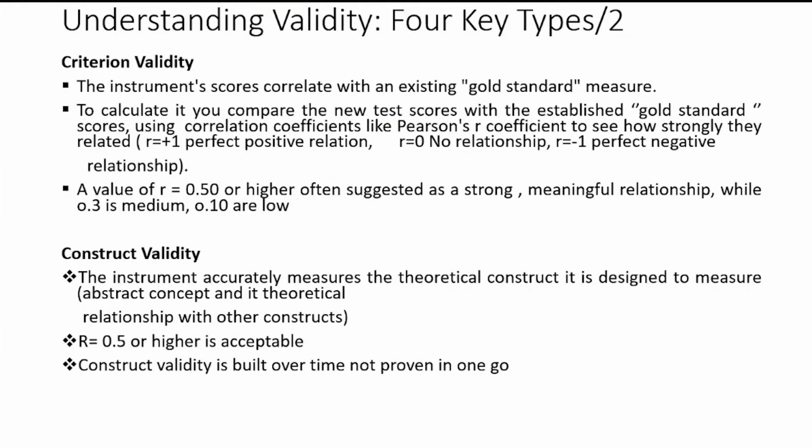That is, you are testing the abstract concept against the theoretical concept, and its relationship with other constructs. So for construct validity, we also calculate the R value here, and it should be 0.5 or higher. So you establish those values statistically.